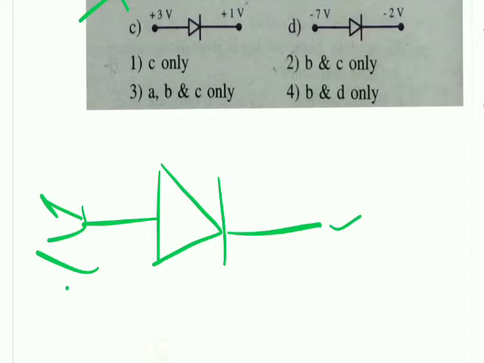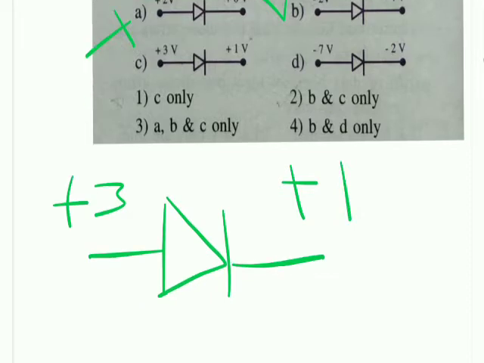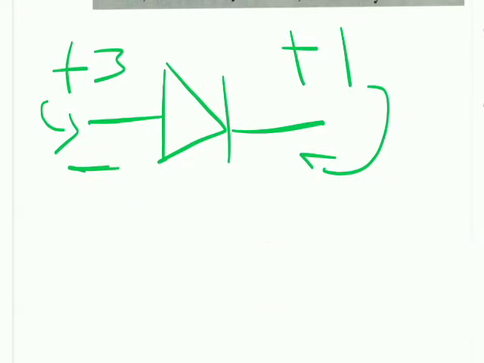From option C, positive terminal plus 3 volts, negative terminal plus 1 volt. Here plus 1 is less than 3, so high potential is connecting to the positive side of the diode, and low potential is connected to the negative side of the diode, so it is forward bias.